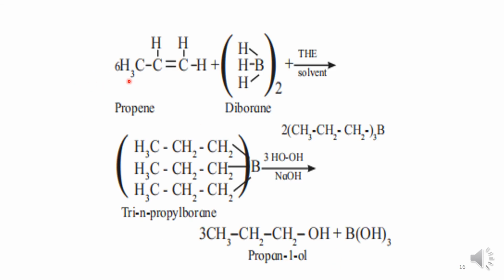Similarly, if you are taking propene, diborane will give you tripropyl borane, and on treatment with alkaline peroxide you will get propanol and the byproduct B(OH)3.